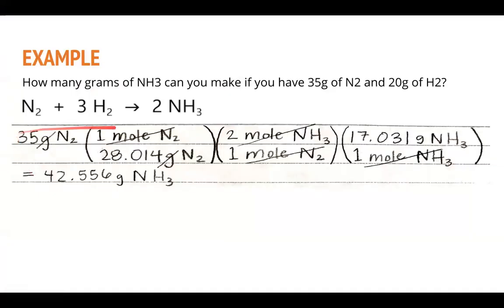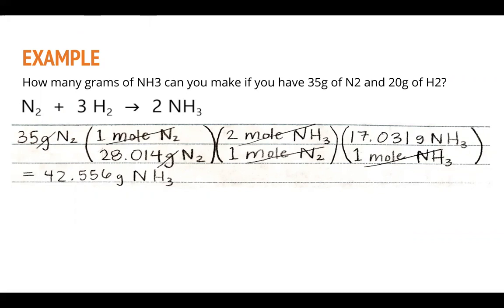I'm going to take the 35 grams of dinitrogen that I've been given, and convert that into grams of ammonia that I can make. Quick side note, a friendly tip that has helped me in chemistry a lot: whenever you don't know what to do, just look at what you're given and where you want to end up, and then look at units.